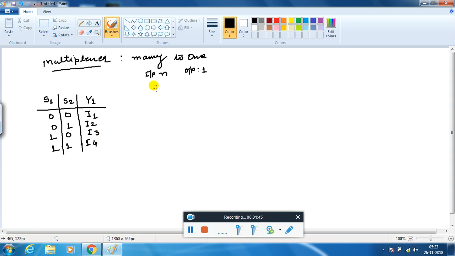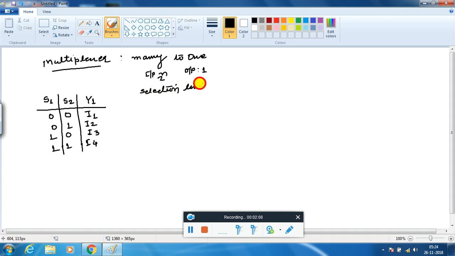So the connection between the input and the output: if we have 2 to the power n inputs, then we will require n selection lines. Suppose we have 2 to the power n inputs, how many selection lines will be required?